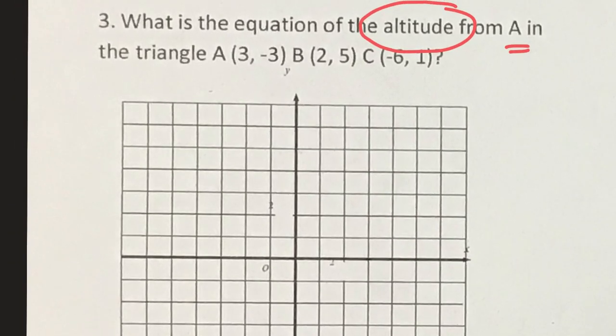for the altitude. Okay, if we're trying to graph an altitude, right, think about where an altitude starts and how an altitude intersects the opposite side. So from A, that means this is the vertex that we're going to be using, right? This is our vertex. This is point A. This is the altitude where we're going to start drawing it from.